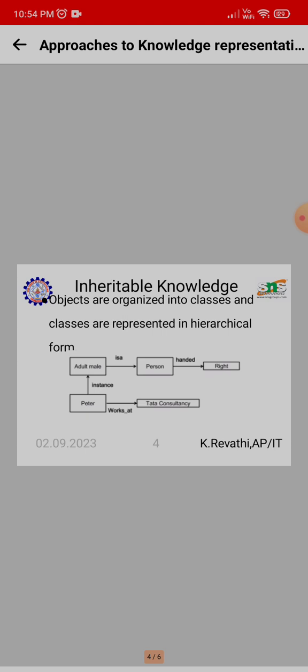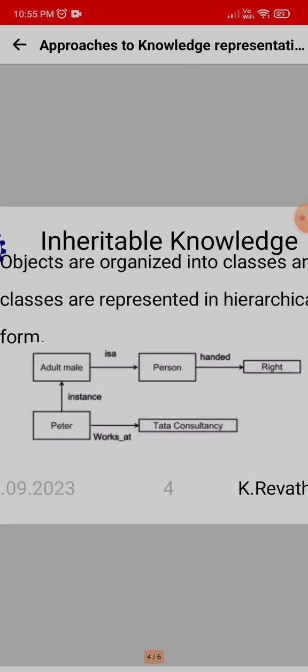Every individual frame can represent a collection of attributes and its values. In this approach, objects and values are represented in boxed nodes, and we use arrows which point from objects to their values. Here the example is given.